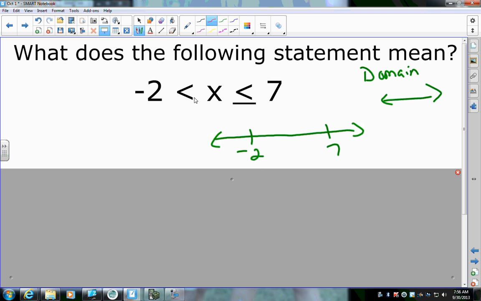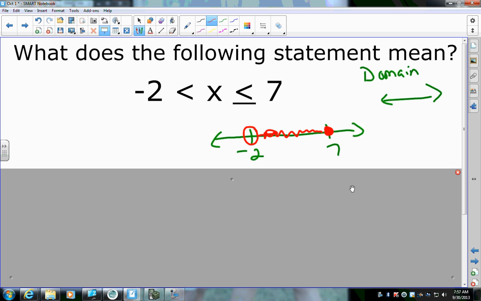Does it say X equals -2? No. Does it say X is equal to 7? Yes, it has an equal to bar. This is when I'm using a closed dot at 7 and an open one at -2. It's saying that X is all the numbers in between these two.